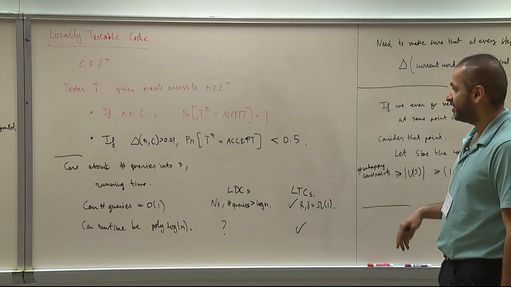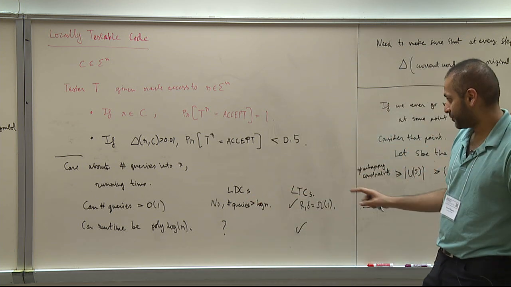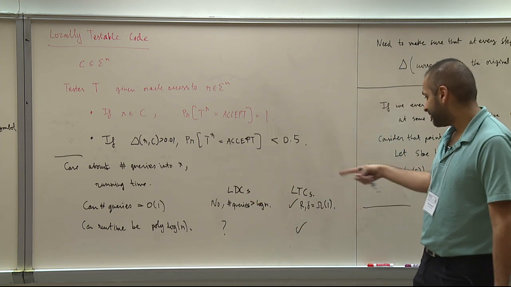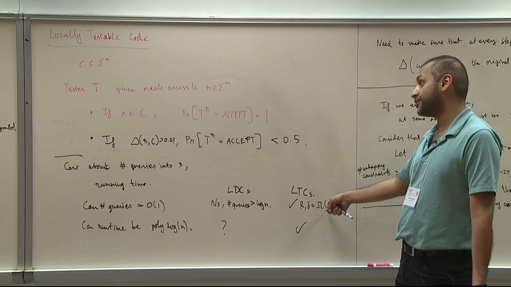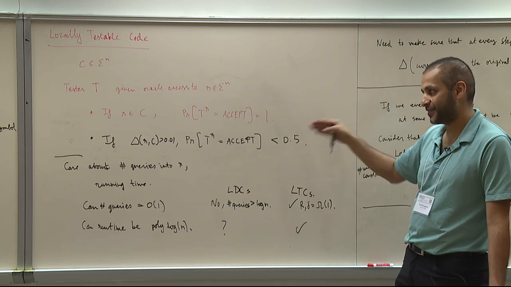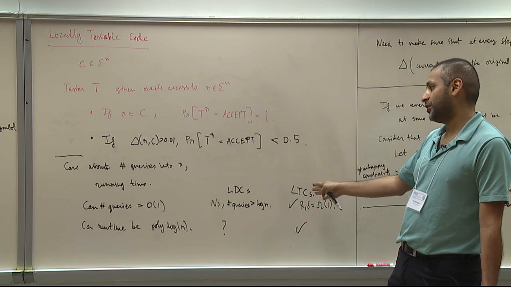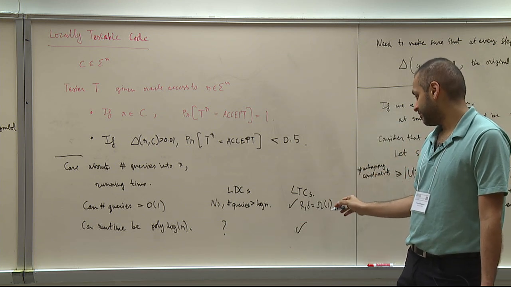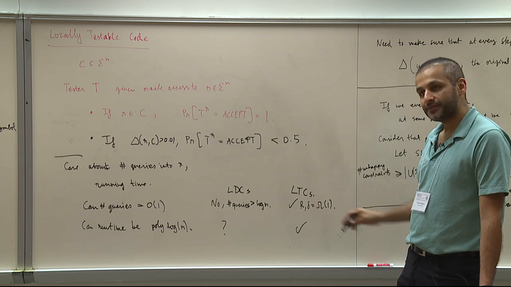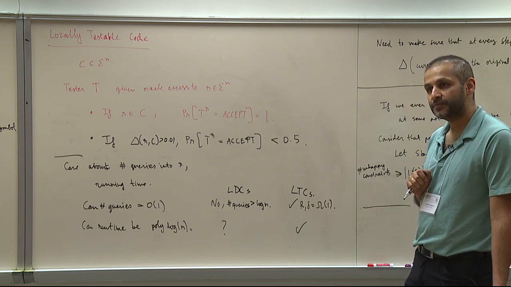Okay. But we do know some very interesting locally decodable codes, and I will tell you about those now. The locally testable codes of this are quite fancy. They use ideas from expanders, and ideas that are related to the polynomial codes that I will talk about. But for LDCs, can you have the number of queries be constant if the rate is bad?